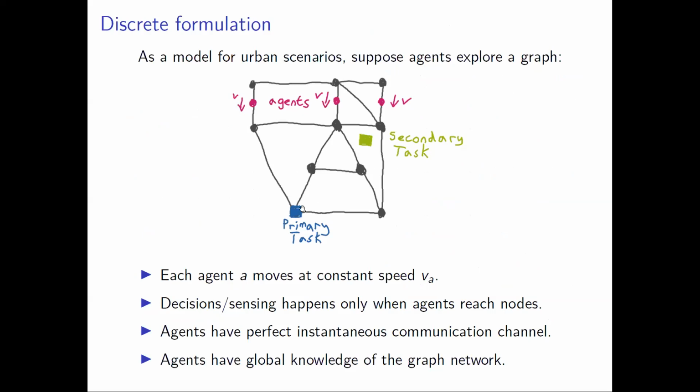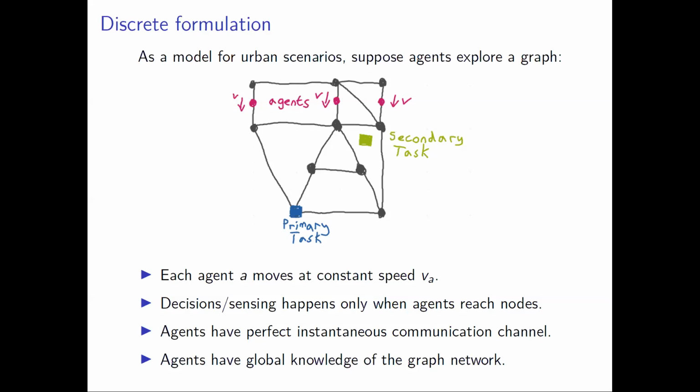That's the blue square. But at the same time, they're trying to locate this hidden transmitter, which here is this green rectangle. It could be at one of the nodes for simplicity. You can do things like assuming each agent moves at a constant speed. And what we were keen to do is go just entirely discrete and put this in a discrete event framework.